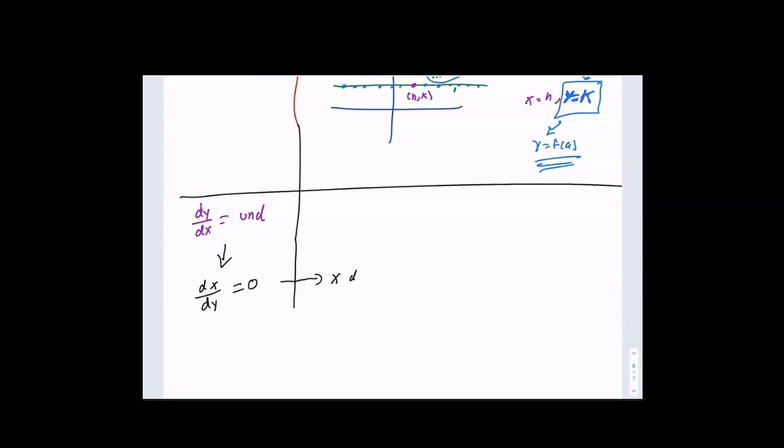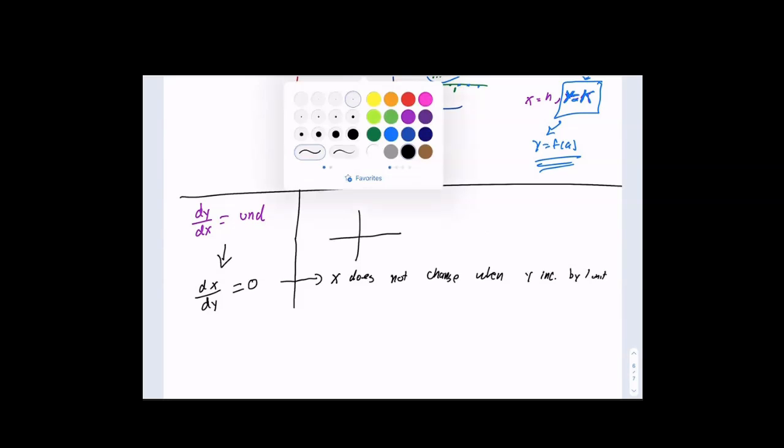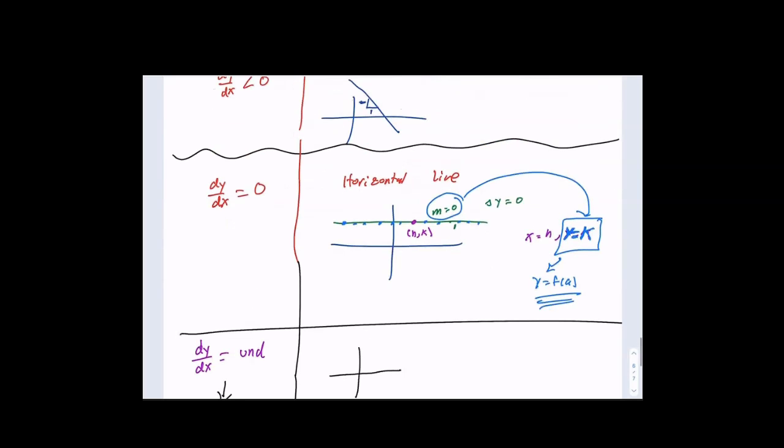X does not change when y increases by 1 unit. So now this is the opposite, because over here in this previous one, y does not change when x increases by 1 unit.